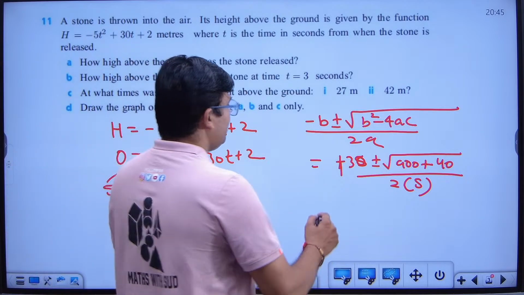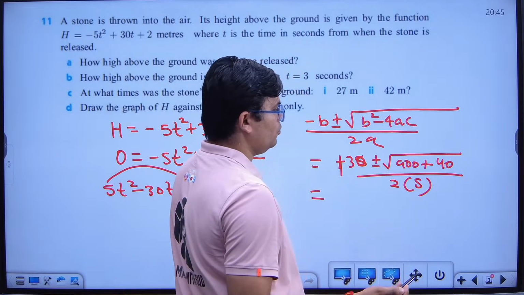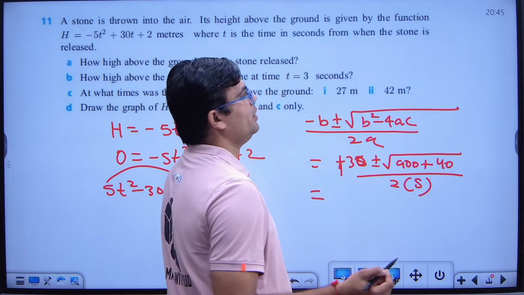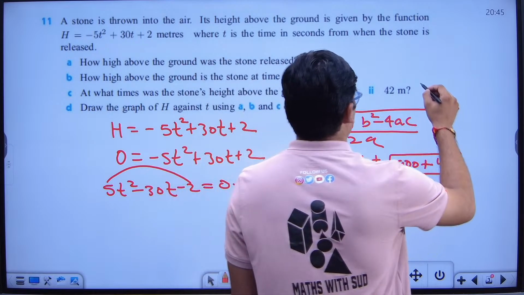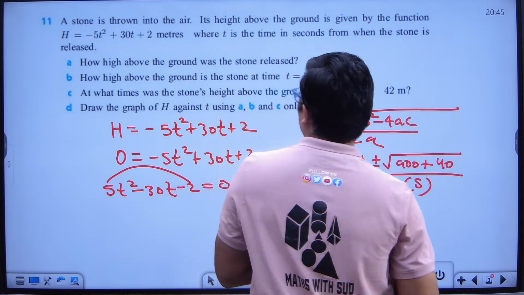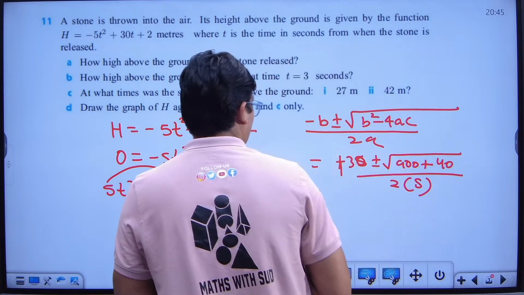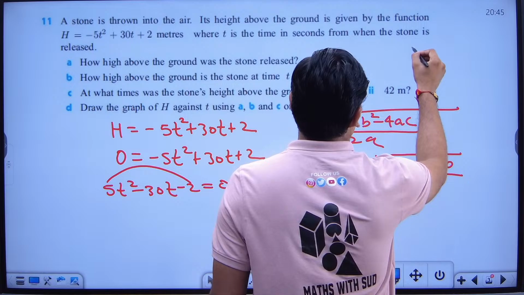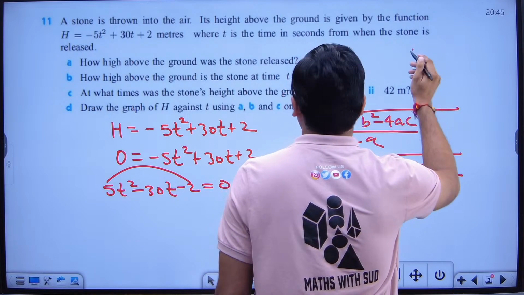So 940, I think it does not have a nice root. So the time is coming as a negative value, which is not possible.